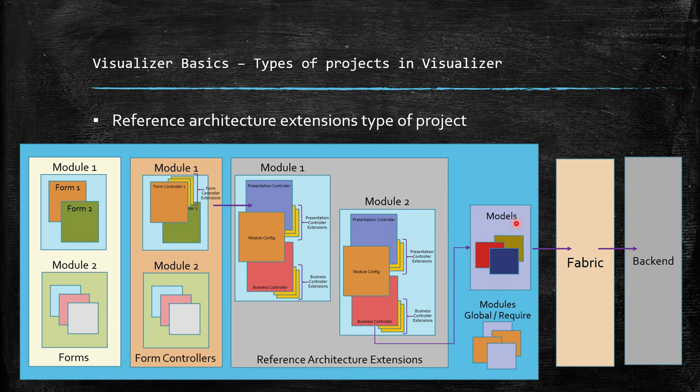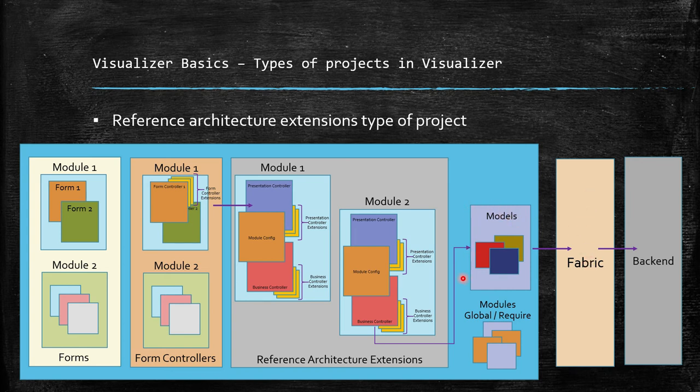In the reference architecture extensions type of project, one more component that you are seeing here is the models. The models component represents the object services that you have defined as part of your Fabric app.